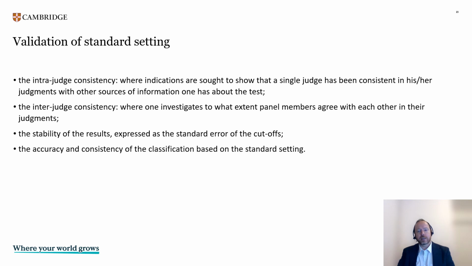You could also look at the harshness of the marker as well. So you could see how lenient they are compared to the rest. And perhaps, and it does happen, even with the experts that we have at Cambridge, sometimes the judges are not required to be part of the final results because they don't have consistency.